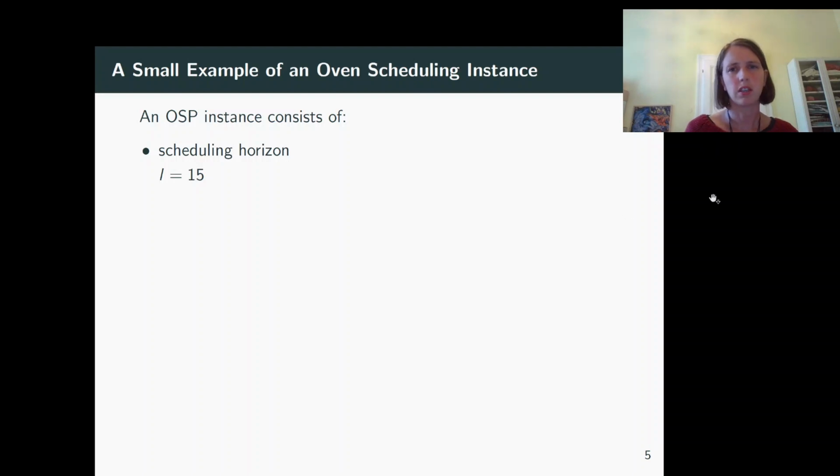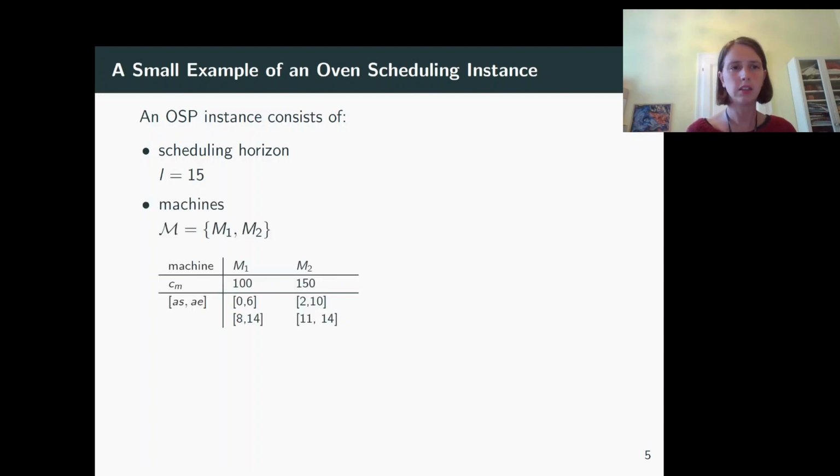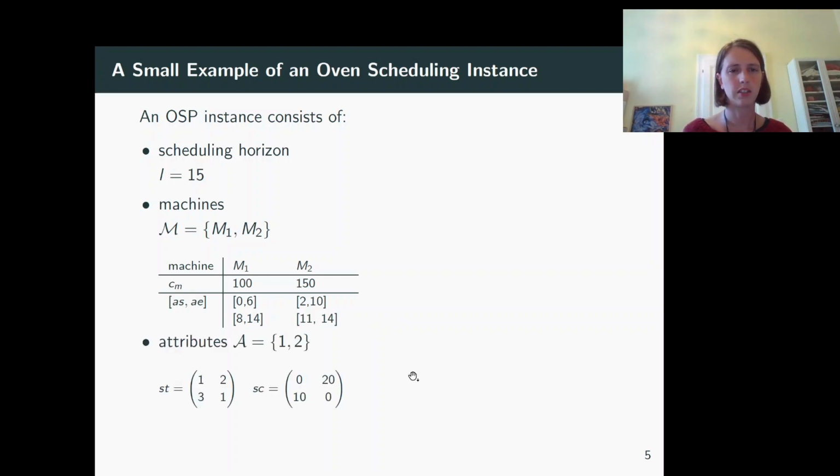So given a scheduling horizon, so this is the length of the time window in which we are planning, we're given a set of machines. So here we have two machines with maximum capacities and intervals during which the machines are available. We also have two attributes, and the setup times and setup costs are given by a 2x2 matrix.